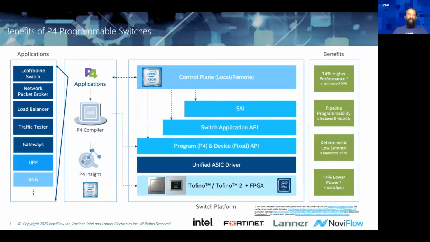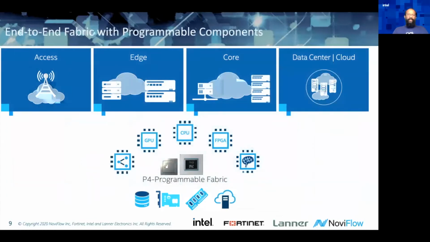So just kind of shows you the architecture and the benefits of Tofino, where we're delivering programmability with all the performance you need without any penalty on power and other things or latency. So really what this is going to do is the benefits will now be carried over into all the other areas of the network.